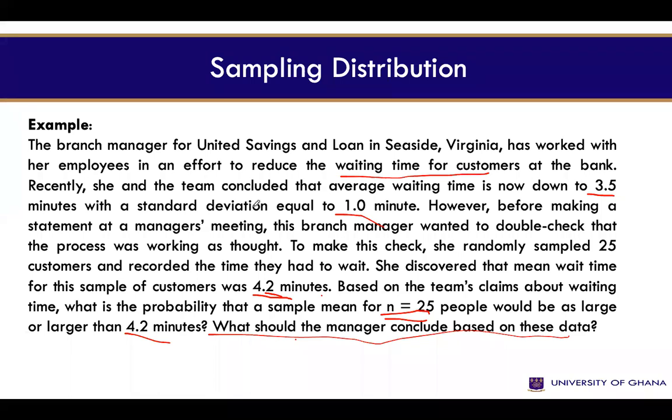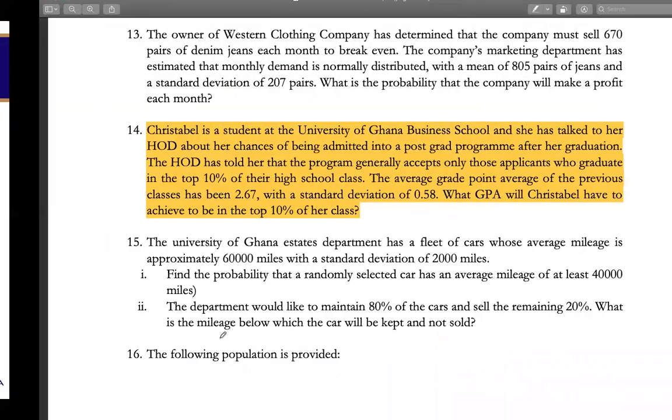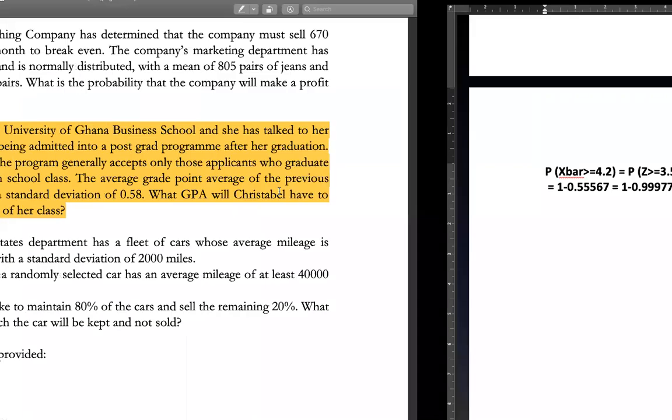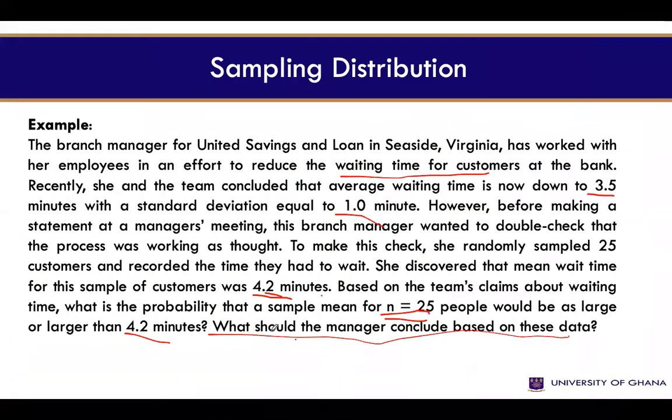Can you re-ask the question? I said you realize that the probability that the sample mean will go beyond 4.2 is very low, 0.00023. What should the manager conclude based on this data? The manager should conclude that the waiting time is too small.